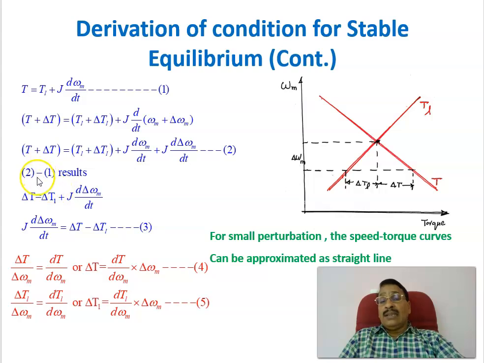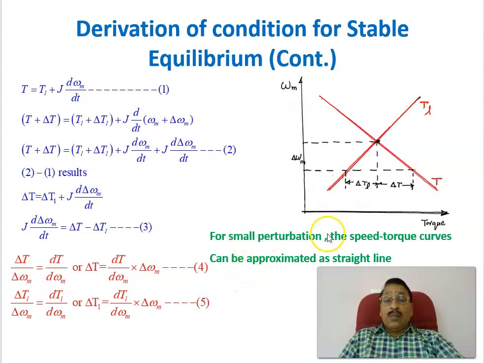Now if we subtract the first equation from the second equation, then we get delta T equal to delta TL plus J d delta omega m by dt, or J d delta omega m by dt equal to delta T minus delta TL. That is represented as equation 3.